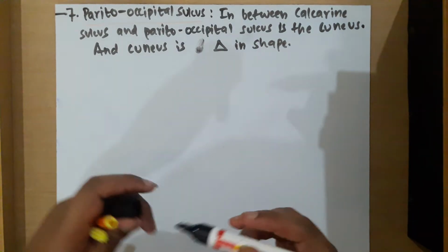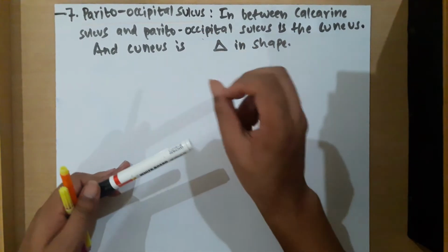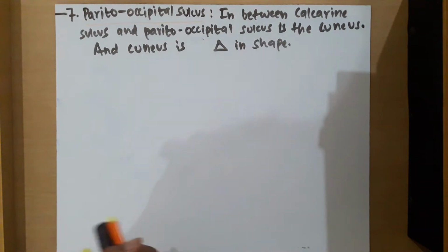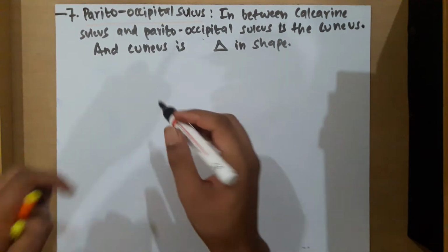Now we also mentioned that the area between the parieto-occipital sulcus and paracentral lobule is known as precuneus, and which is quadrangular in shape.